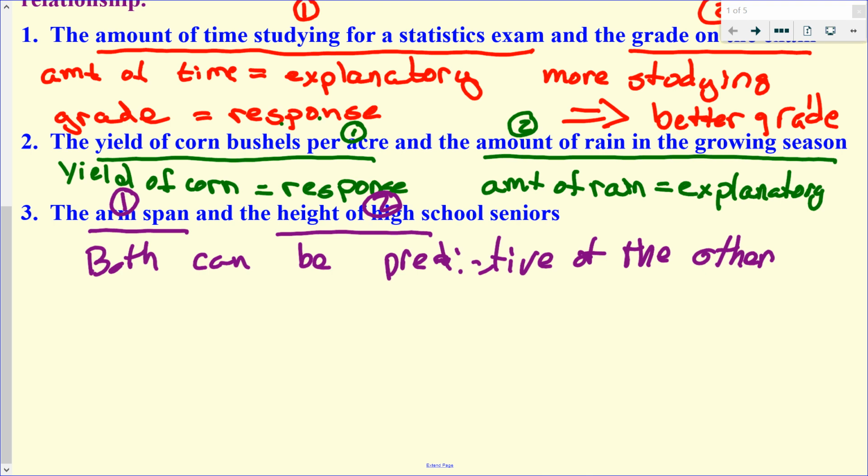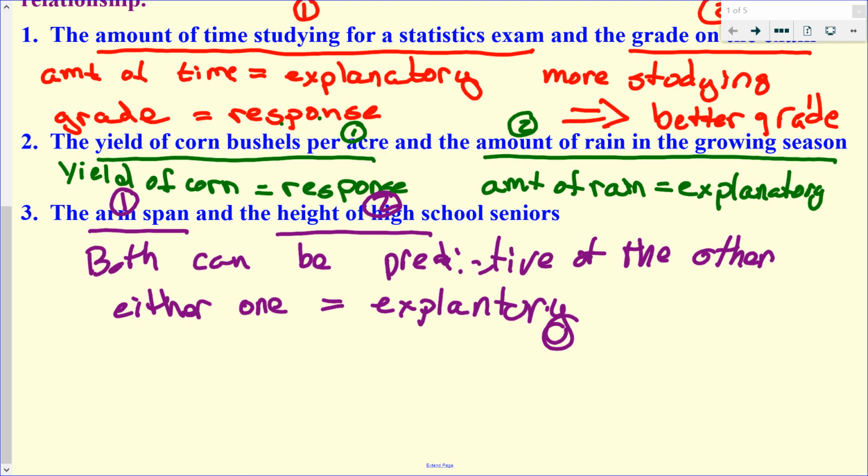So because both of them can be predictive of the other, either one could be explanatory, either one could be the response. This is the case that not one of them predicts the other specifically. So we've got to be careful of that.